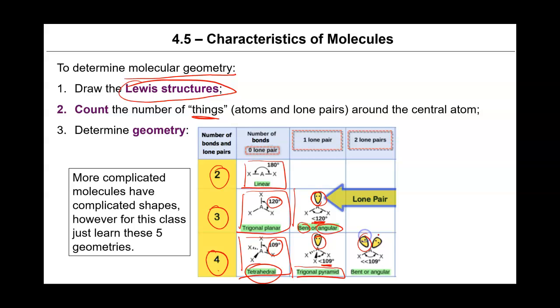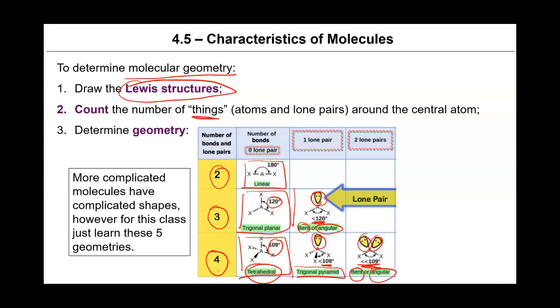If 2 of our 4 things are lone pairs, the bond angle gets squashed up even more and it will be a lot less than 109, and we can describe the molecule as being either bent or angular.